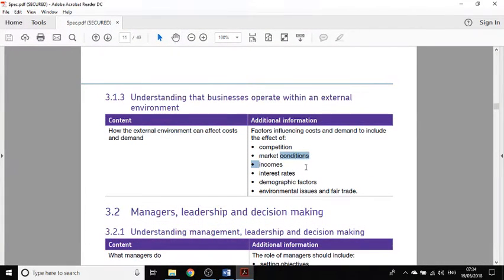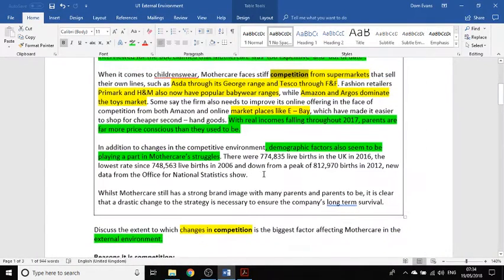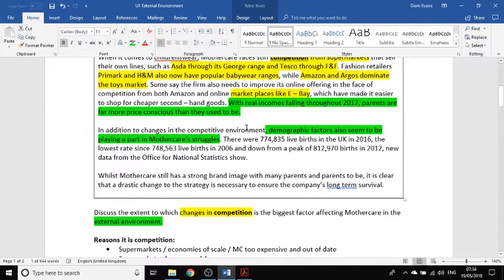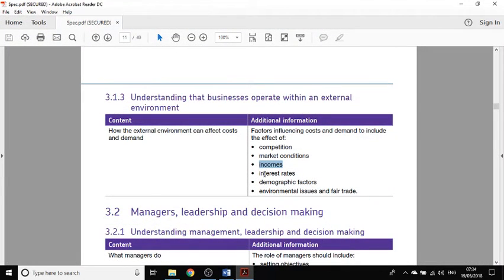So I know from the specification that incomes are another factor in the external environment that could affect a business. I've highlighted it in green, so it stands out from the information about competition. In addition to changes in the competitive environment, demographic factors also seem to be playing a part in Mothercare's struggles.